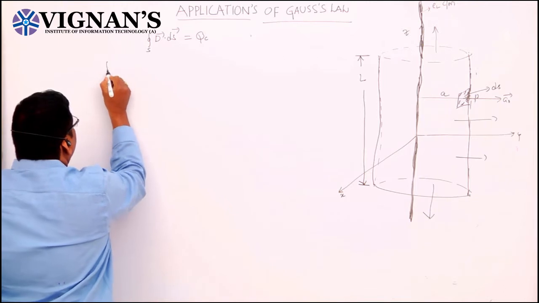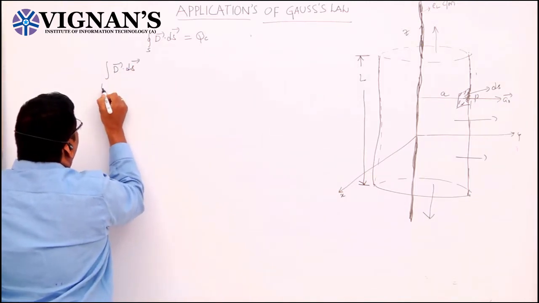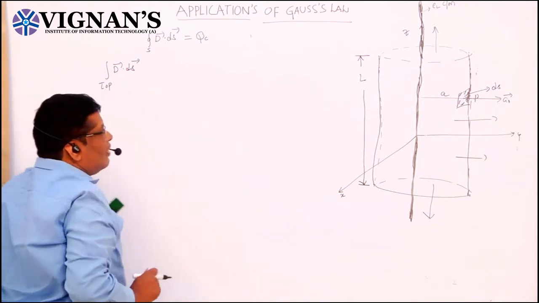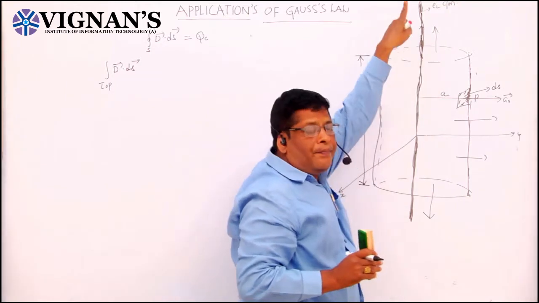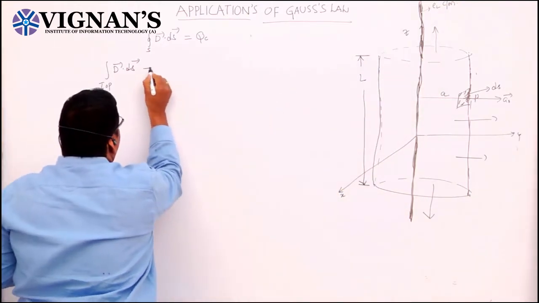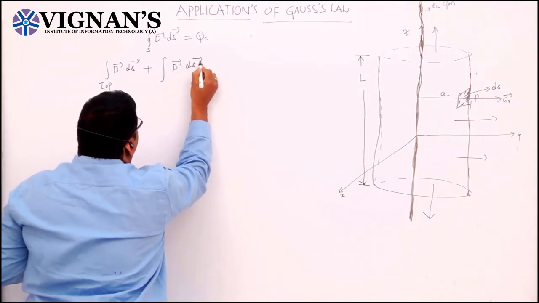One is D bar dot dS bar top, nothing but this integration gives how much flux is leaving from the top, plus D bar dot dS bar bottom.